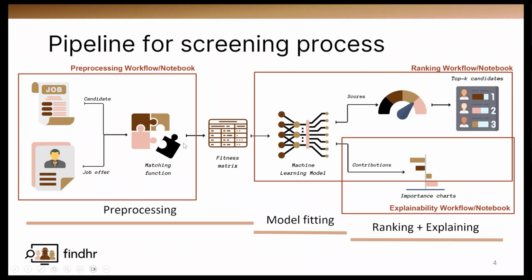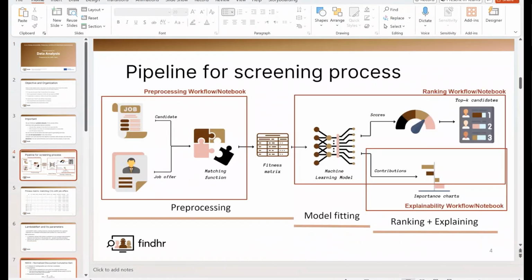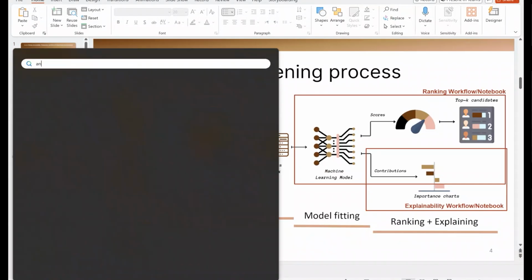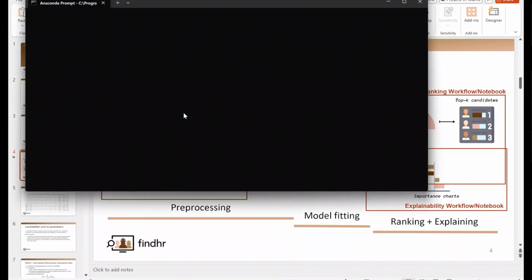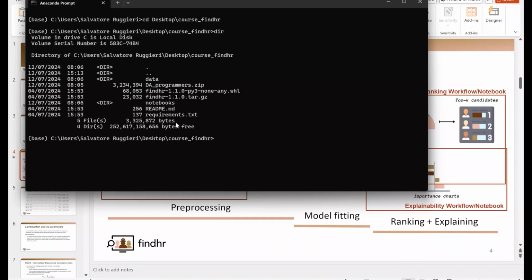So how to start? Basically, I will start with an Anaconda shell. We'll move to the directory where I downloaded the zip files. So in this directory, there is everything that we downloaded, including the data and notebooks.